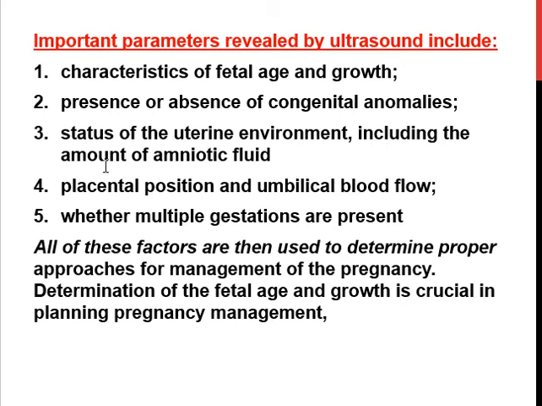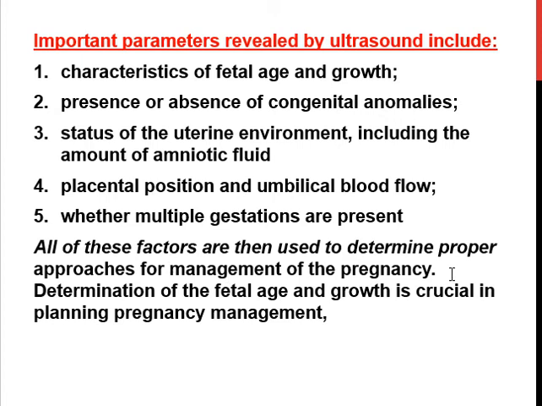Number three, status of the uterine environment, including the amount of fluid. Number four, placental position and umbilical blood flow. Number five, whether multiple gestations are present, so that the fetus is one or two or three. All of these factors are then used to determine proper approaches for management of the pregnancy.